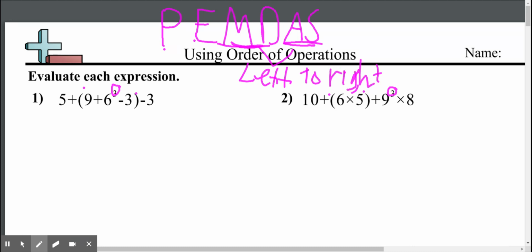Very horrible writing on that one, apologies there. But anyway, so like if you had, I don't know, 10 times 2 divided by 4, you would actually start off with the 10 times 2, which is 20 divided by 4, which would give you 5.